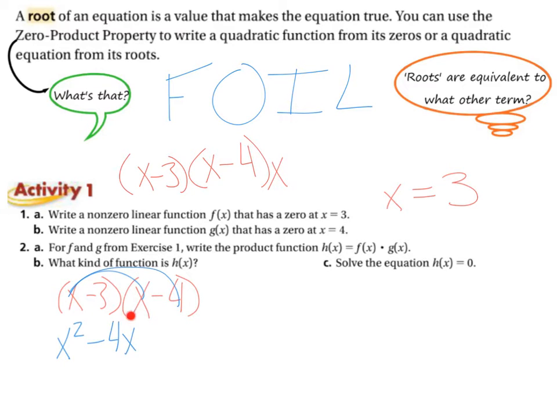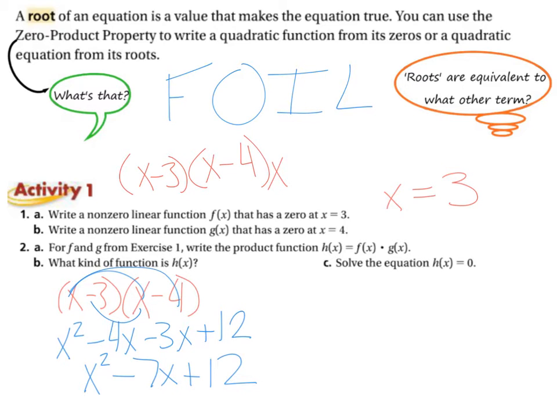My inner terms, negative 3 and x. So negative 3 times x is negative 3x. And then finally my last terms, negative 3 and negative 4. Multiplying those, I get a positive 12. And then I simplify, so x squared minus 7x plus 12, by combining these two middle terms.